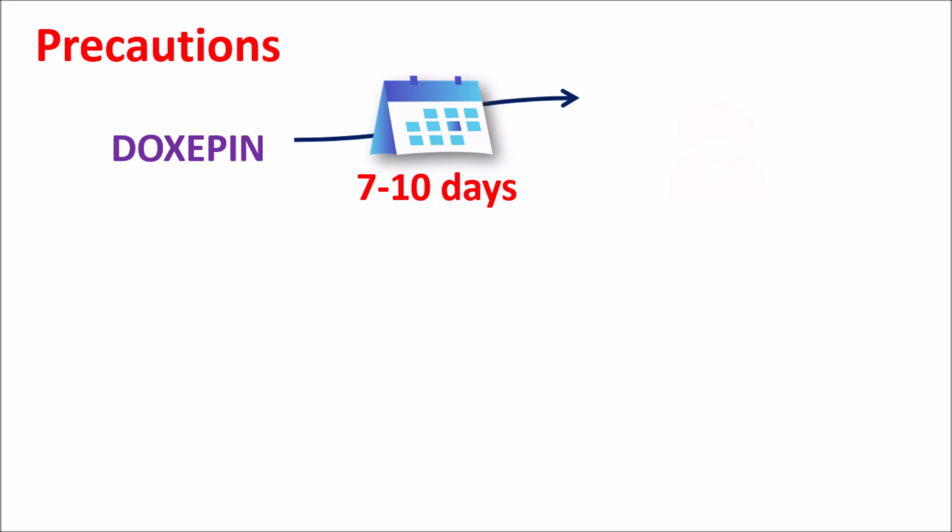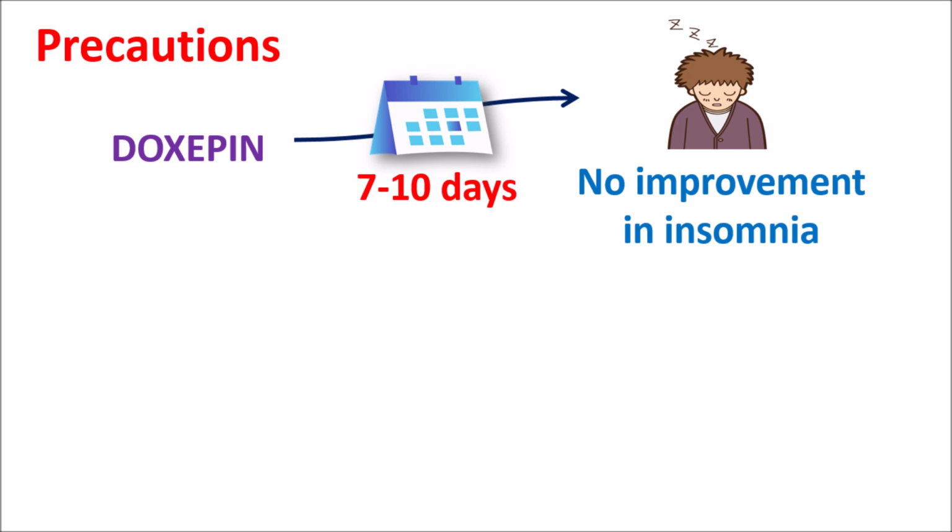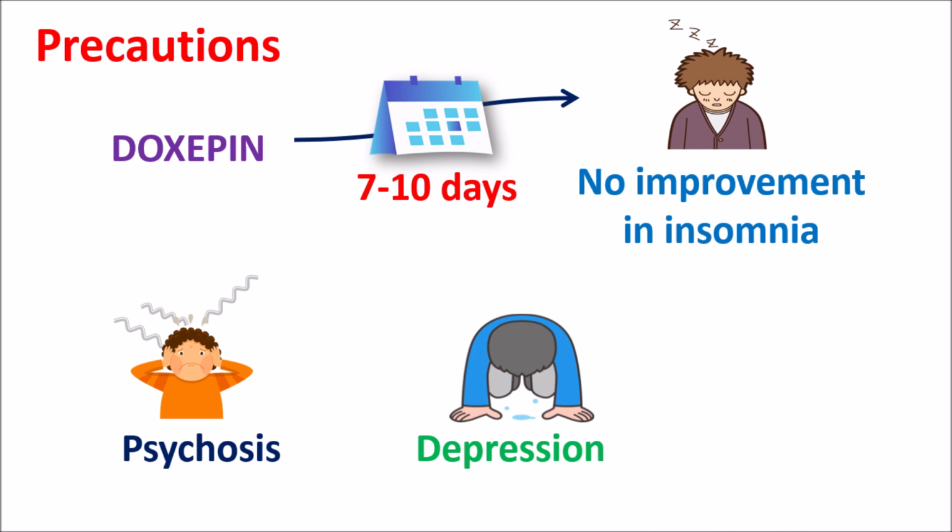But if you observe no improvement in the symptoms of insomnia even after treatment for 10 days, then the reason for insomnia may be different, where doxepin is ineffective, and the development of insomnia in the patient may be due to psychosis or depression or any other psychological disorder, which causes disturbance in sleep resulting in insomnia. So if you observe no improvement in the insomnia within 10 days of the treatment, then doxepin treatment should be stopped, and any other root causes for the development of insomnia should be thoroughly checked.